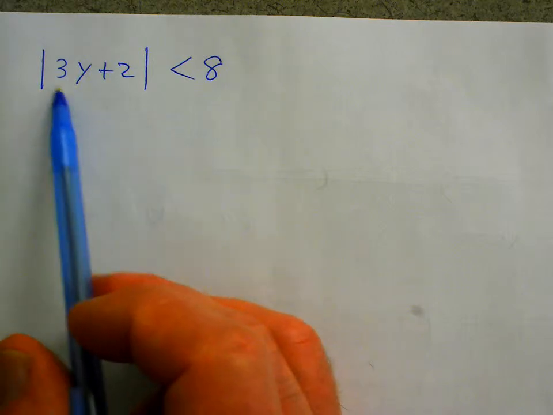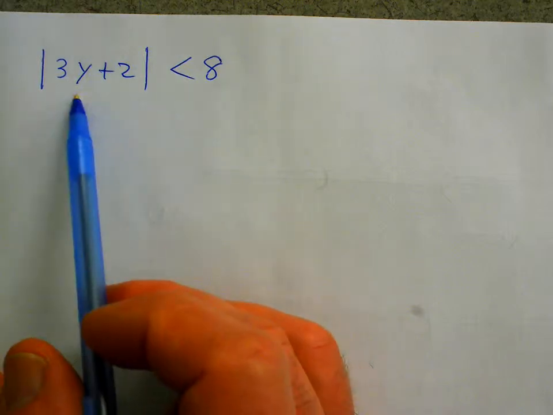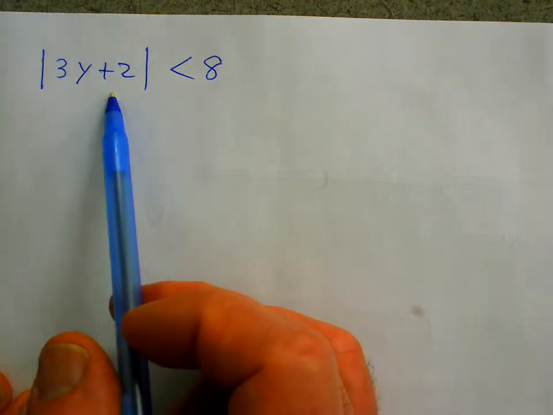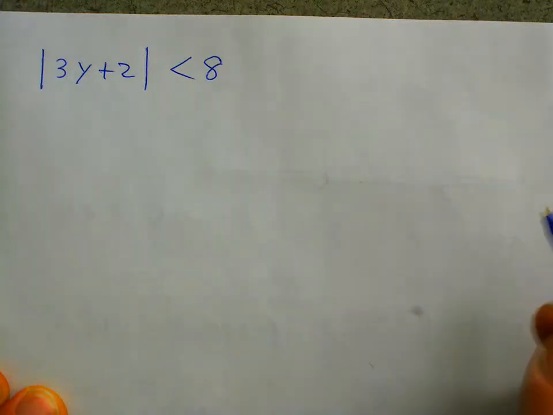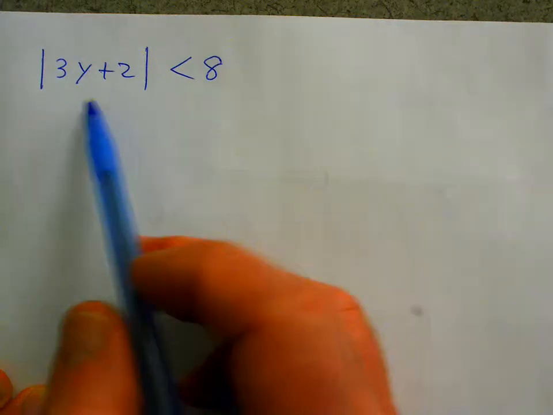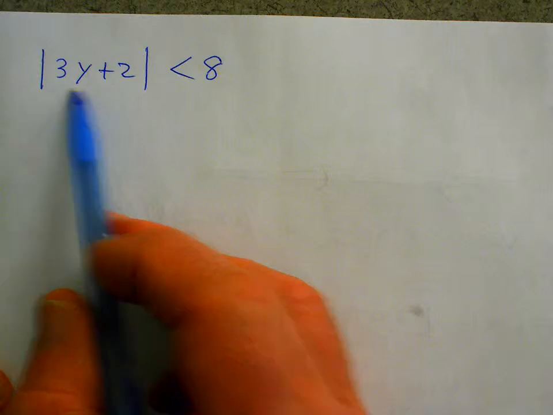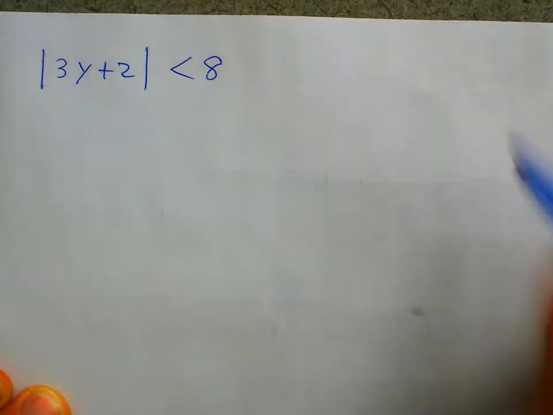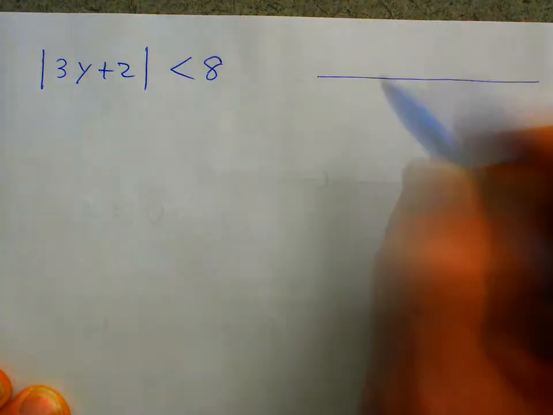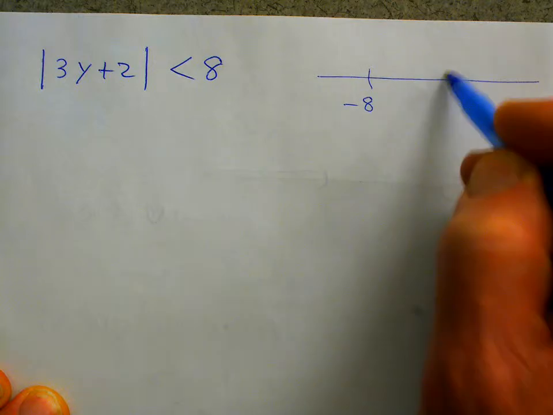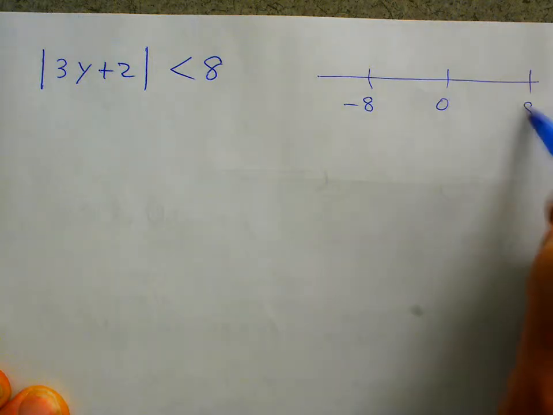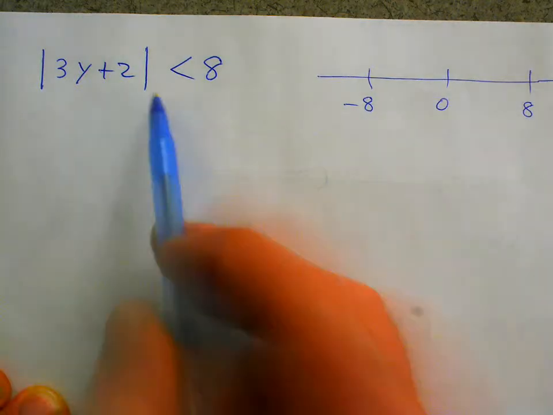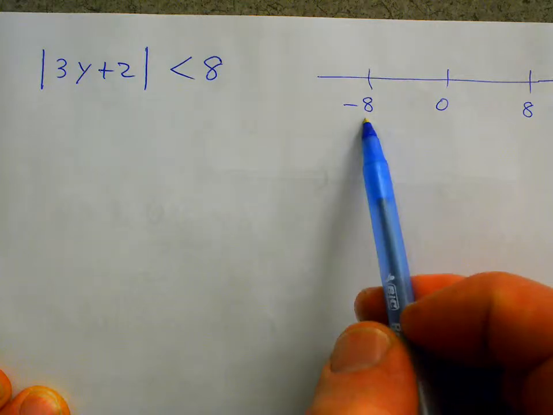If the absolute value of a number that has the form 3y plus 2 is less than 8, then the distance 3y plus 2 is from 0 is less than 8. So the numbers that have the form 3y plus 2, they have to be between negative 8 and 8.